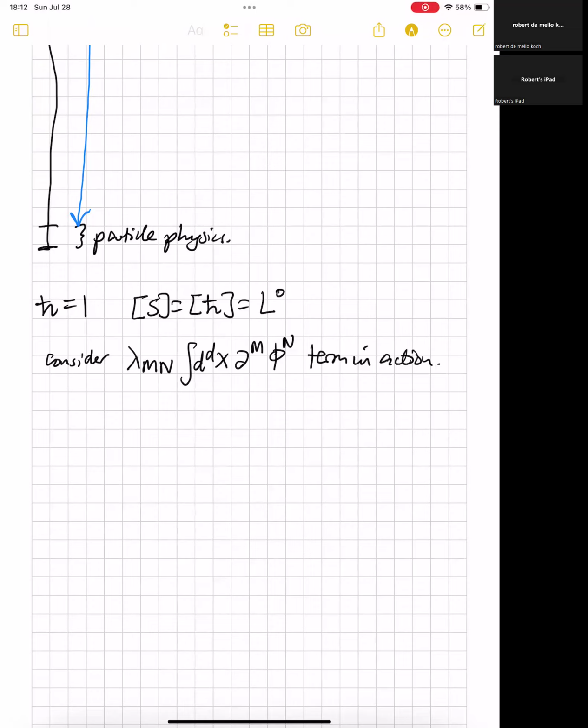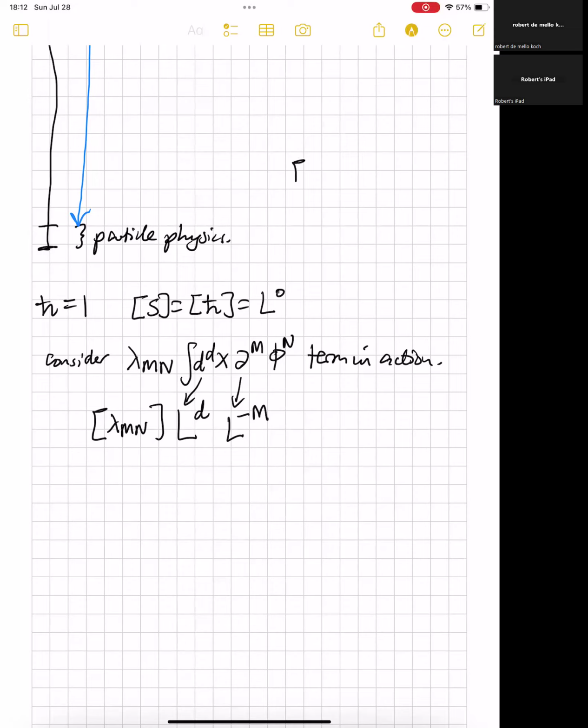I want to study this term, and I'm interested in knowing the dimension of that coupling lambda mn. To work that out, I'll take the dimension of lambda mn, then I'll have length to the d. That's the dimension of the measure.